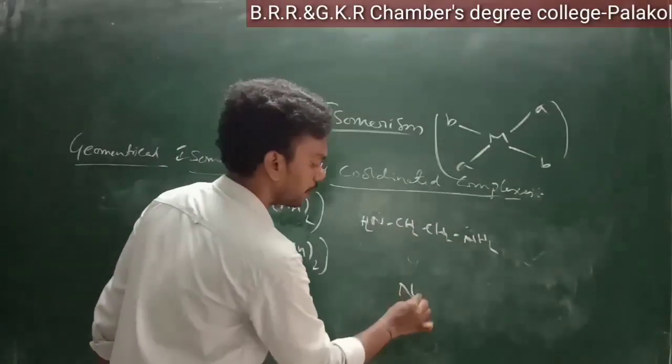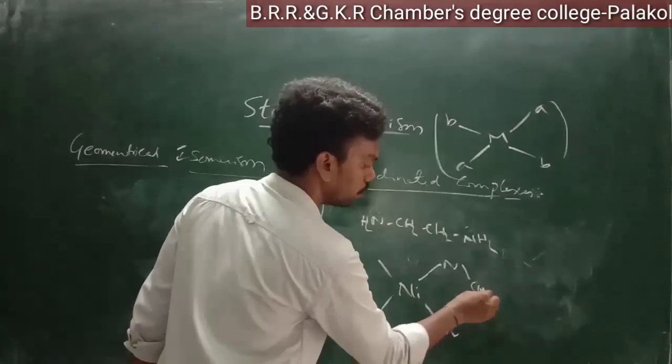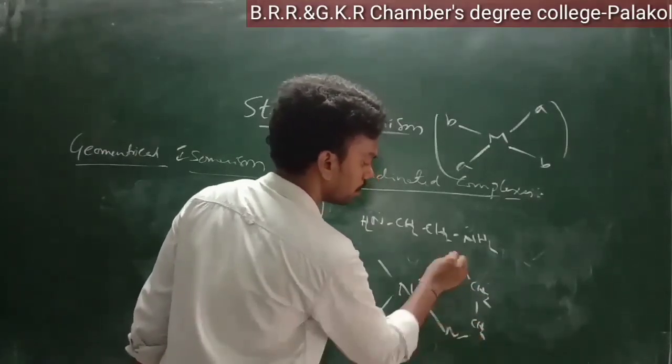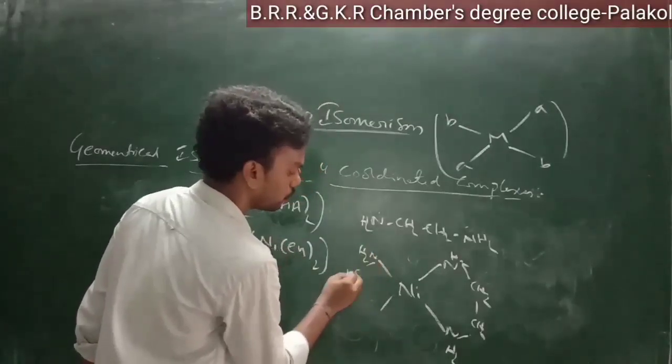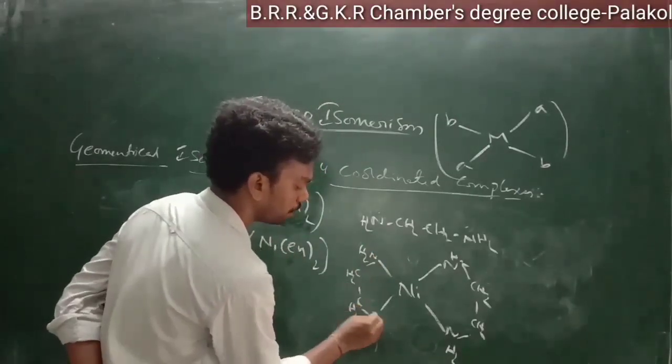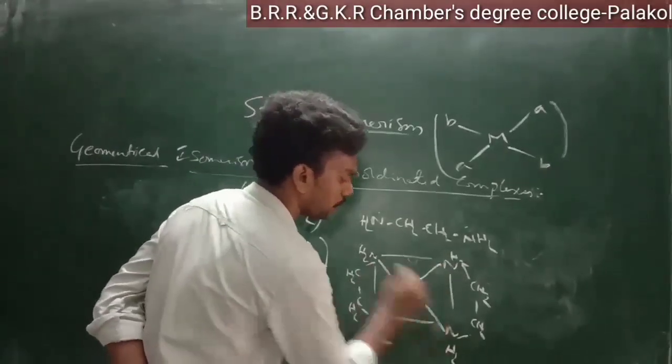That means nickel, nitrogen CH2 CH2 NH2. Here also NH2 CH2 CH2 NH2. Okay, this is a square planar complex.